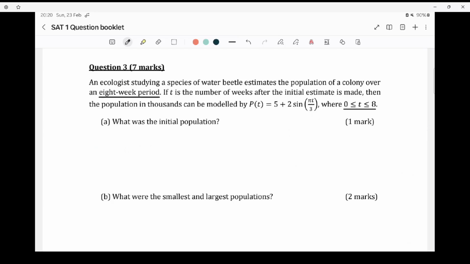This is a sine graph, and you don't really move from left to right. So initial population will be at t equals 0. So sine 0 is 0, so you have 5. So it will be 5,000. Take note of this.